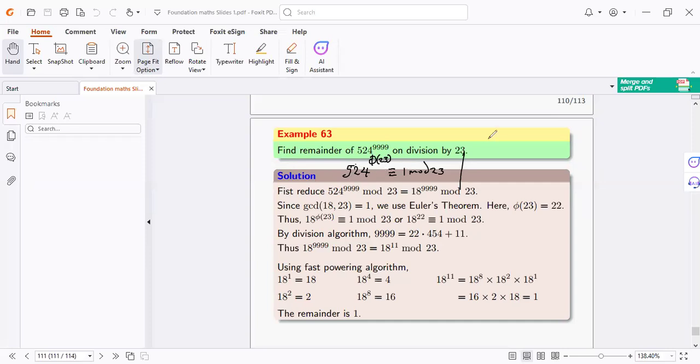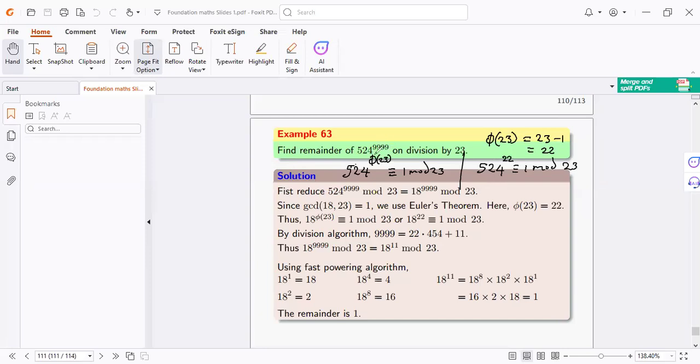The only thing I'm supposed to get is phi of 23. 23 is a prime number. We said that if it's a prime number, we just subtract 1 from it, and that gives us 22. That means what I have, therefore, is 524 raised to 22 is the same as 1 mod 23.